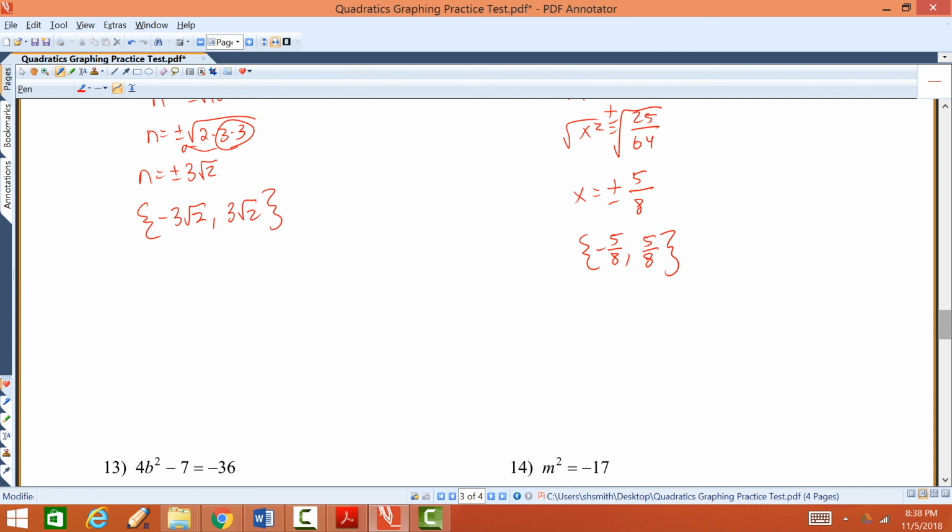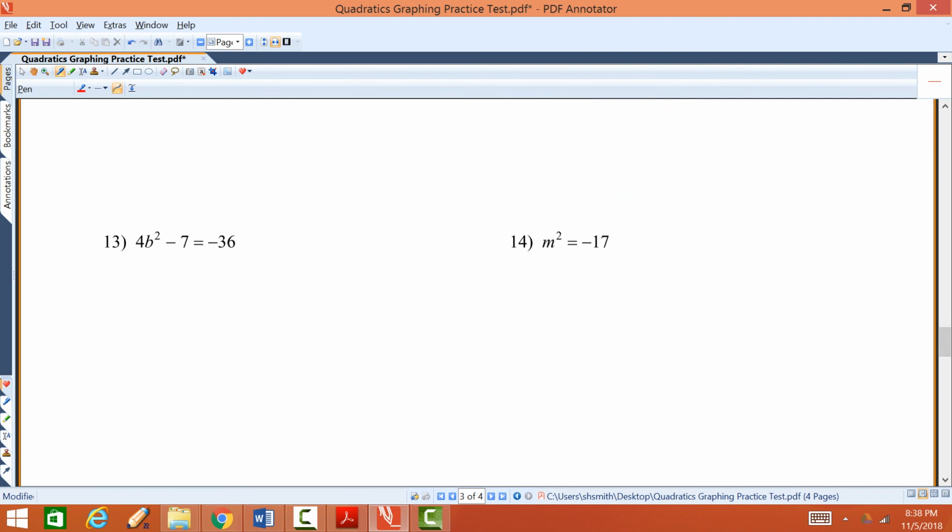All right, let's look at the last two. This one we're going to add 7 first. So we're going to get that b squared by itself. So when we add 7, this is -29. Now we're going to divide by 4. So this is b squared equals negative 29 over 4, square root, square root. So b equals plus or minus the square root of negative 29 over the square root of 4, which is 2.